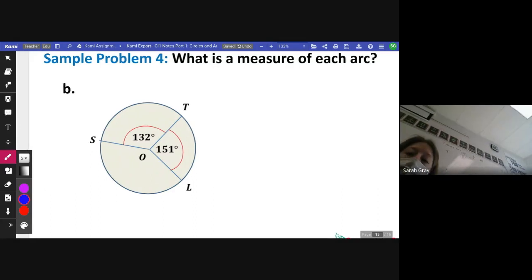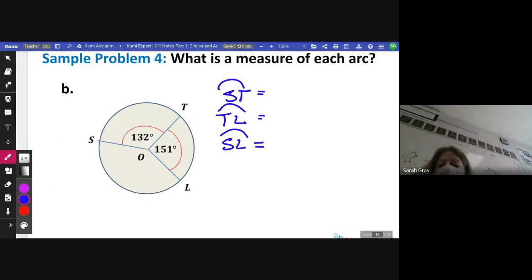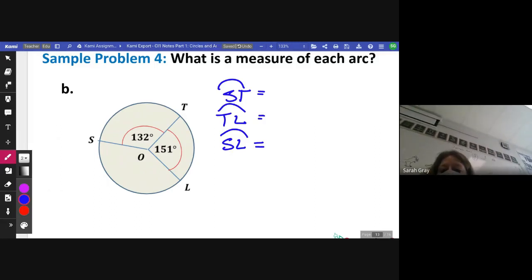Okay. See if you can get these ones. We've got arc ST, arc TL, and arc SL. Yes. SL is not included. It's the bottom one. Correct.